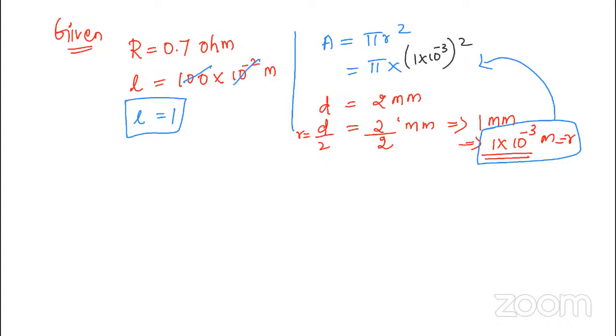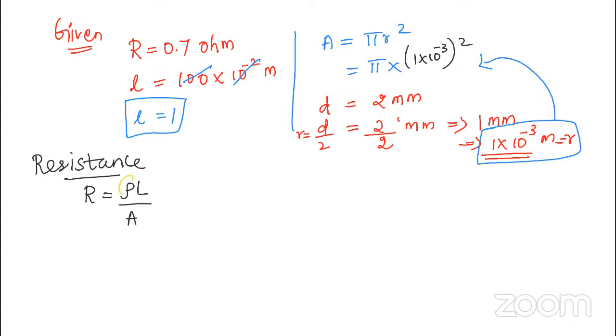Now we go for the formula. Formula for resistance. What formula? Resistance: R is equal to rho into L divided by A. Okay. So in our sum, they are asking the electrical resistivity.